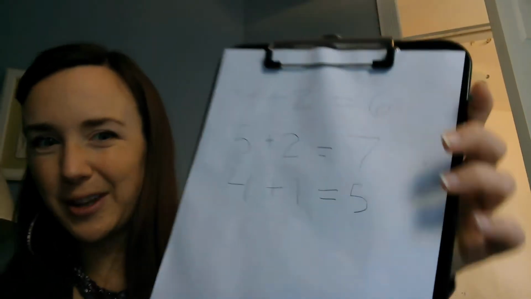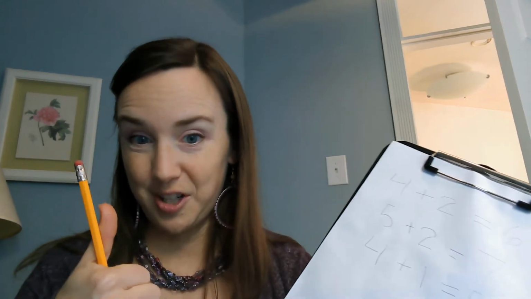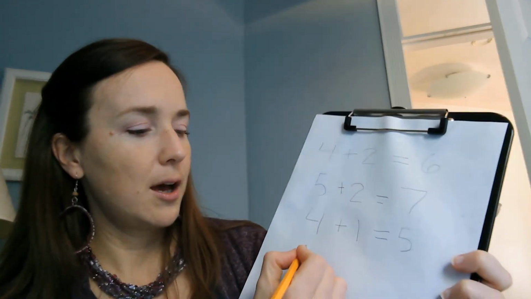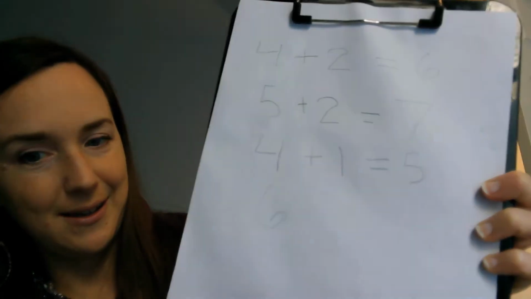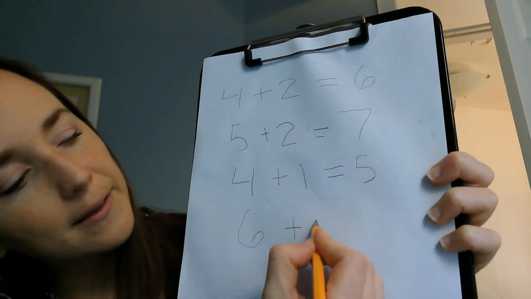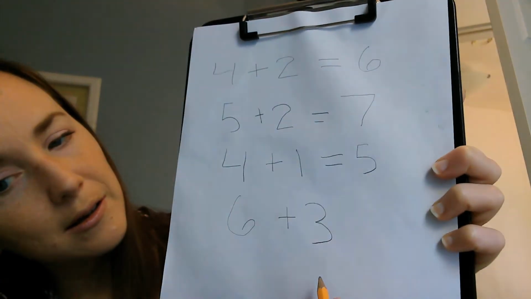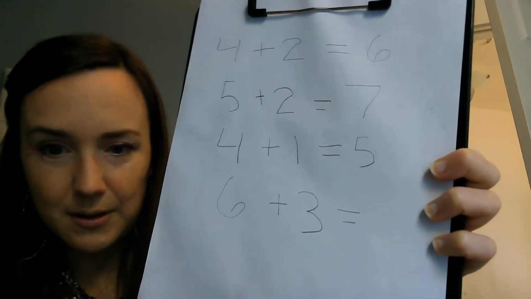You know what, let's do one more kind of tricky one, and then you'll try some on your own. Sound good? Okay. We'll do some bigger numbers. 6 plus 3 equals, let's see what 6 plus 3 equals.